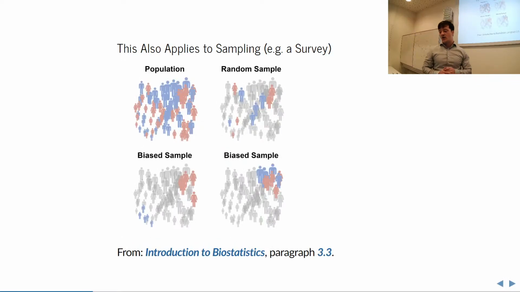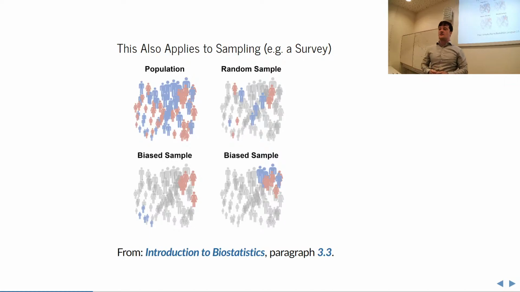Okay, so bias also applies to sampling. Let's say that you're conducting a survey, you have some population of interest, and you want to say, what do people in the Netherlands think of this political statement? Then what you want is a random representative sample of the population of interest.